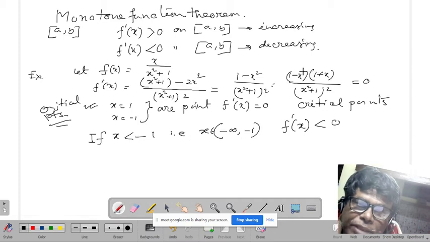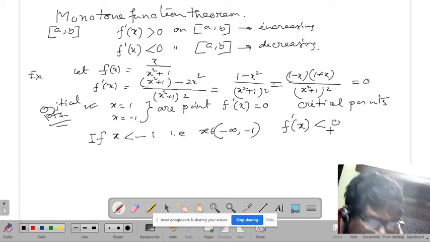Put x equal to any value between minus infinity and minus 1, and you will get a negative value, because this is the result we have made 0. Put x equal to say minus 5. This is negative, this is 6, and this is positive, so it is minus, so it is less than 0.